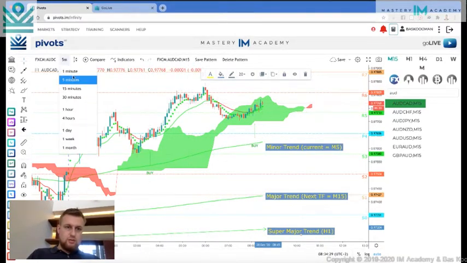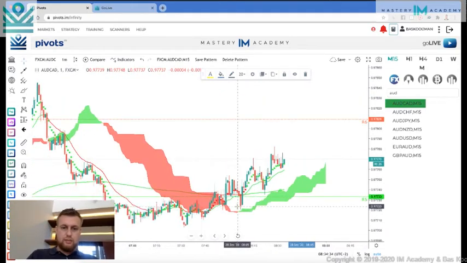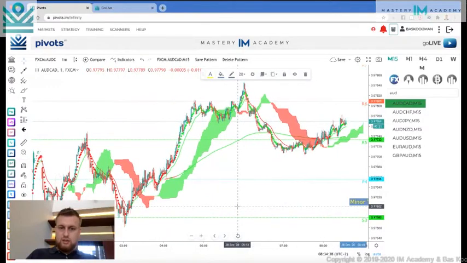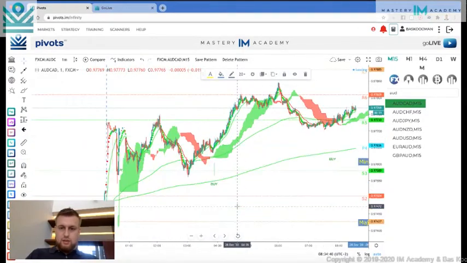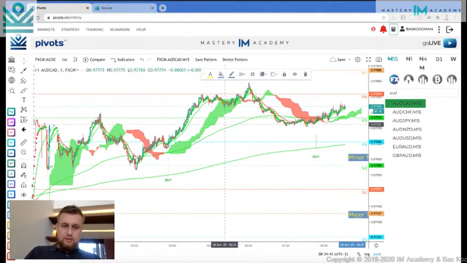Now if we go to the 1 minute, Infinity also works on the 1 minute. Here you definitely need to remember where we are going to get in. So I'm just zooming in on the same day, and in this case it gave us the same entry but a little bit later.